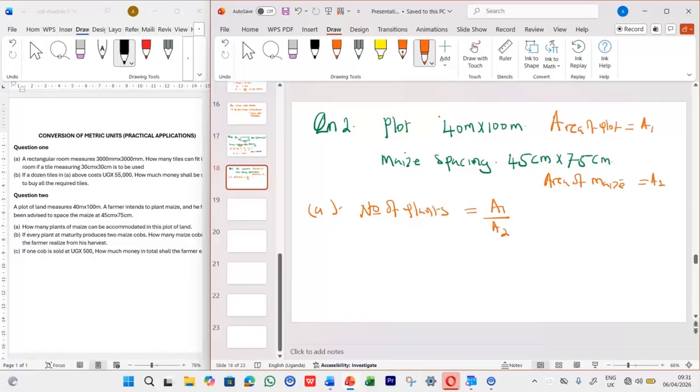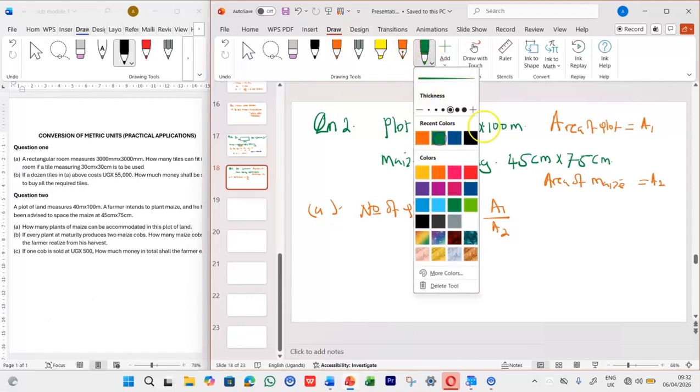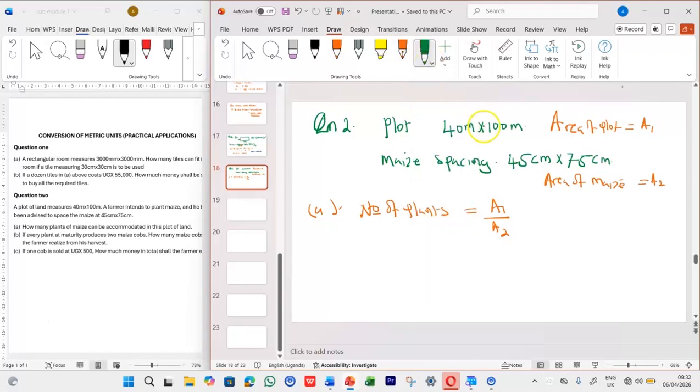So let's proceed. I am going to convert the meters of the plot into centimeters. It makes it much easier.